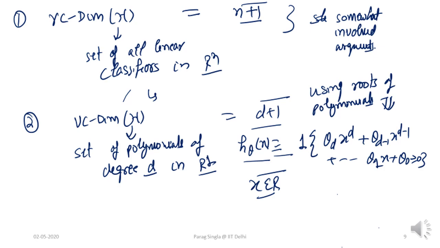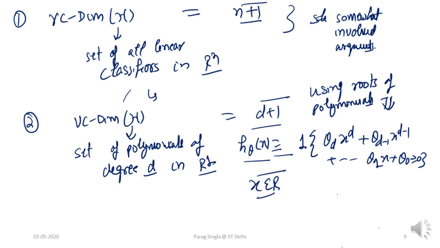but the result is that the VC dimension of a hypothesis class, which is the set of all linear classifiers in Rn, is n plus 1. Remember that we did this in R2, and we showed that in R2 the VC dimension of this hypothesis class is 3. As I said, this is a slightly involved argument, and if you're interested, I can point you to relevant references offline about how to make this argument.